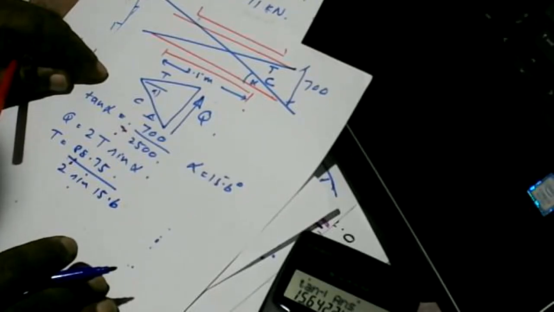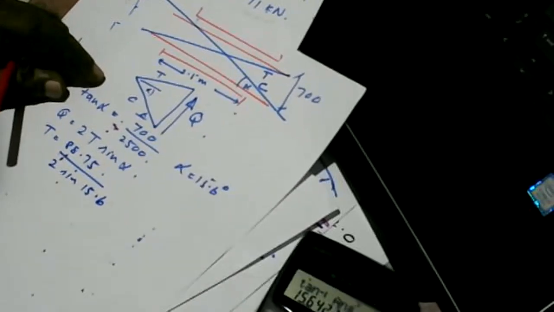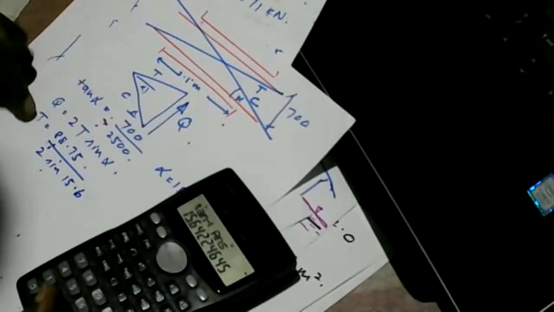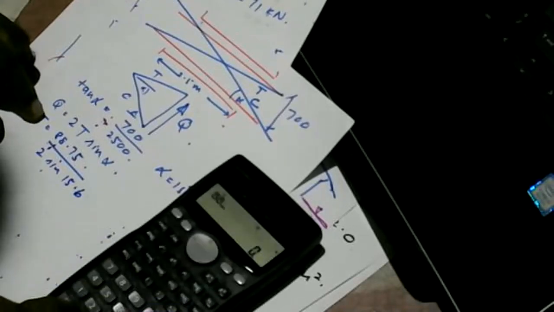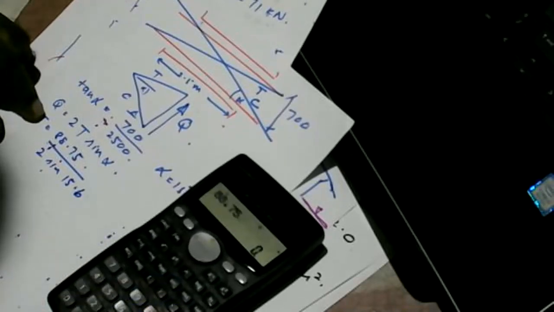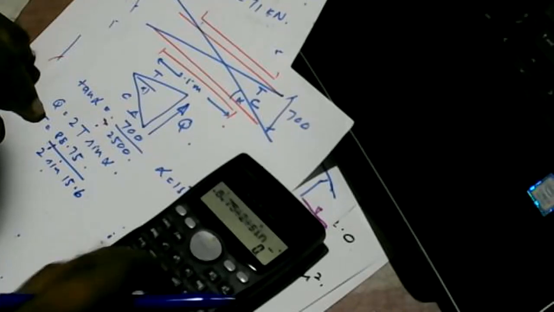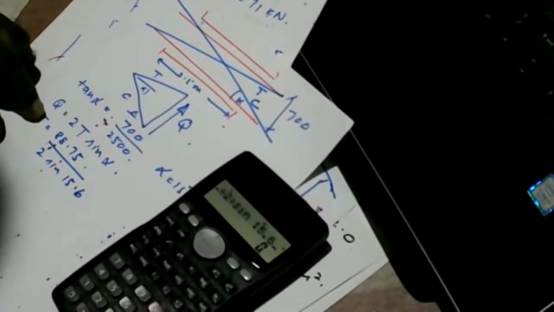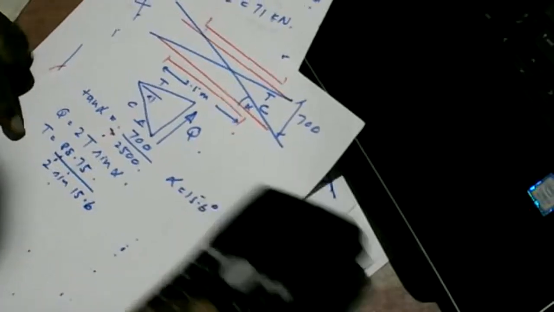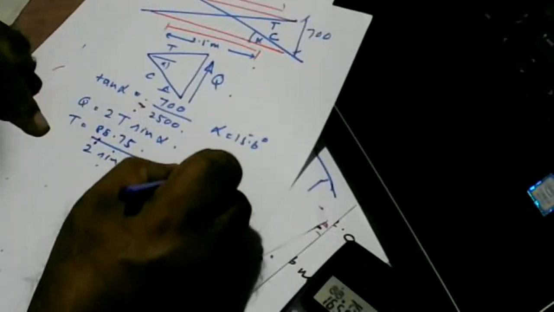So T is equal to 88.75 divided by 2 divided by sine 15.6, we get 165 kilonewtons.